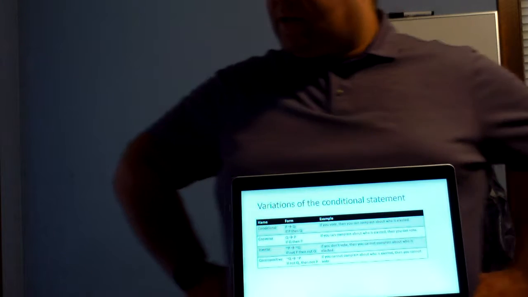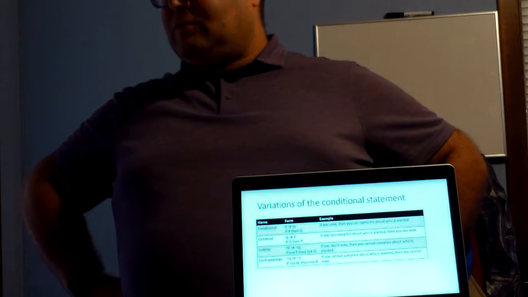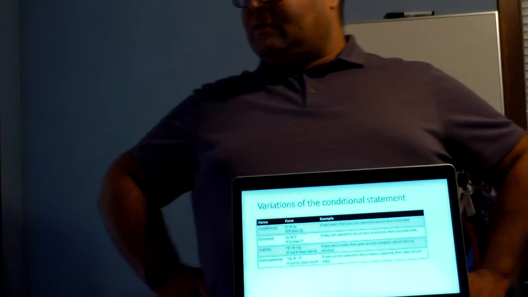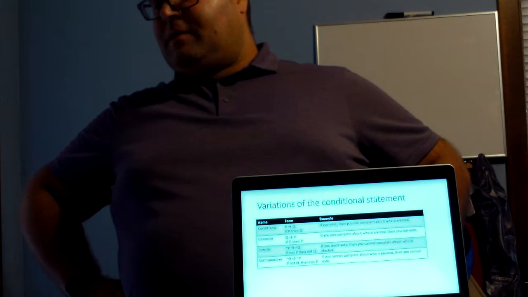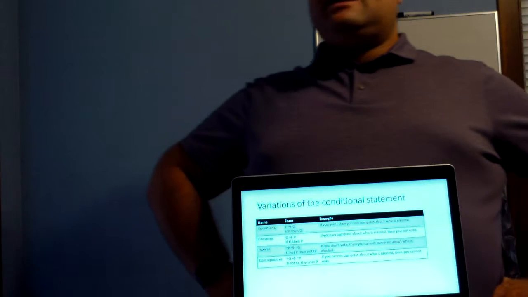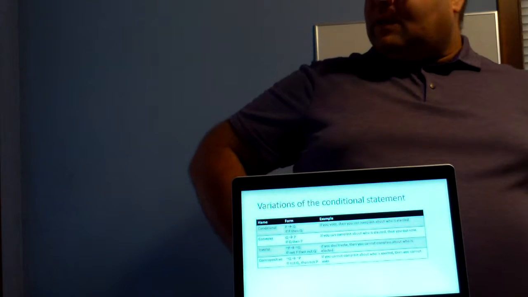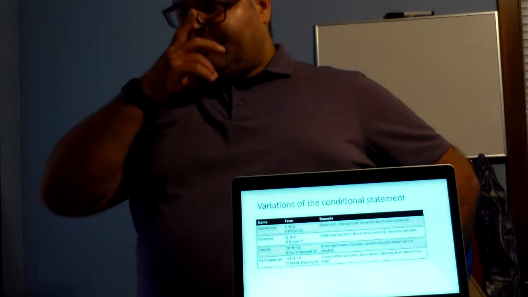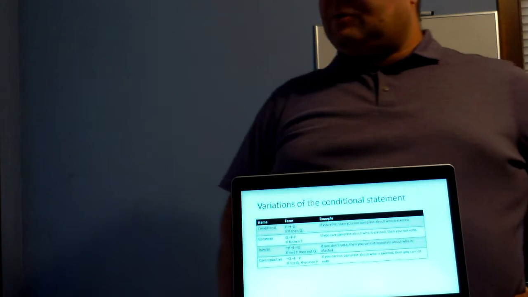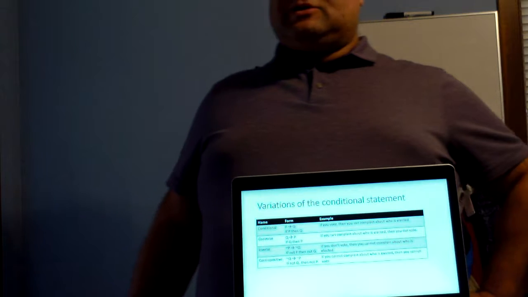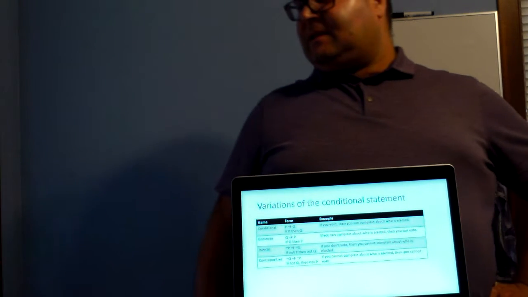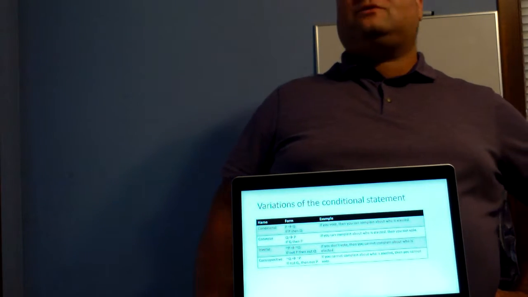The converse is if you can complain about who is elected, then you can vote, if Q then P. The inverse, if you don't vote, then you cannot complain about who is elected, if not P, then not Q. And what we call the contrapositive: if you cannot complain about who is elected, then you cannot vote.